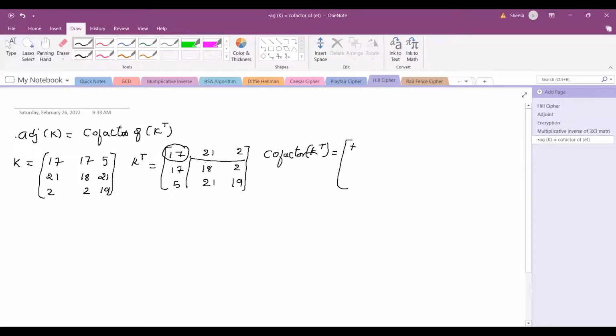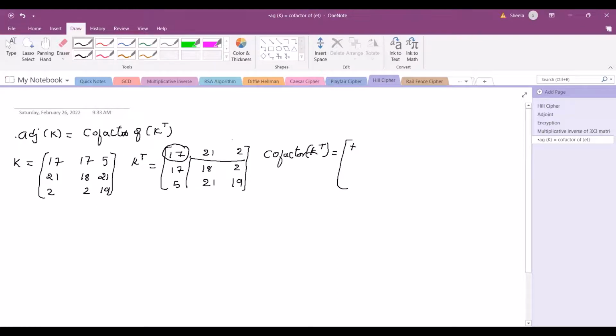So what am I going to get? I'm going to get a submatrix. Previously, with a 2 cross 2 matrix, I got only one element, but here I'm going to get a matrix. Whenever I get a matrix, I need to find the determinant of this matrix.